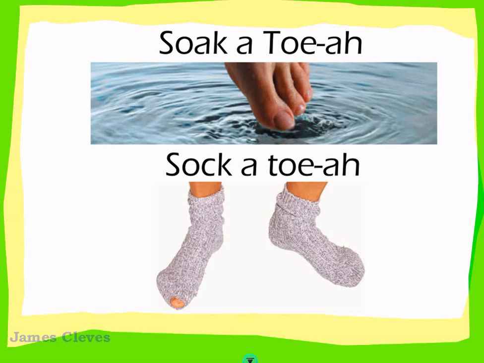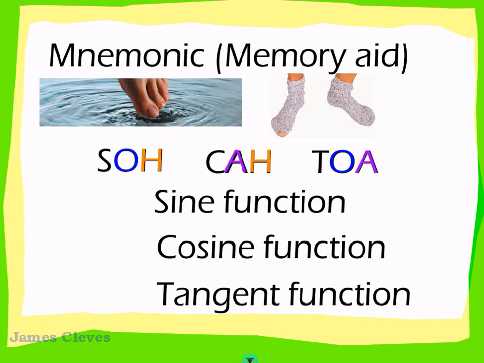And there's something like a memory aid or a mnemonic called SOHCAHTOA, and what this does is try to explain to us and remind us of the main trig functions. We've got sine, which is the SOH part, we've got cos or cosine, which is the CAH, and the tangent function is TOA. And what that means is the sine of an angle is the length of the opposite side divided by the hypotenuse.